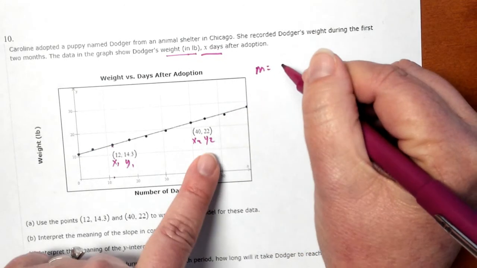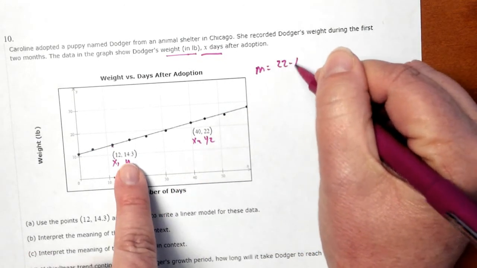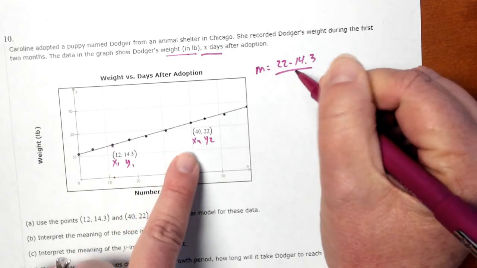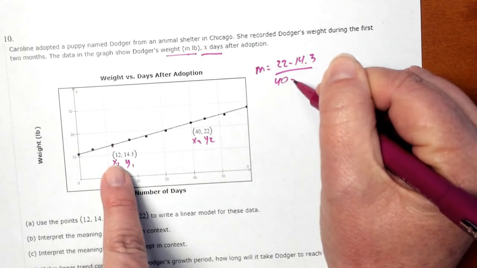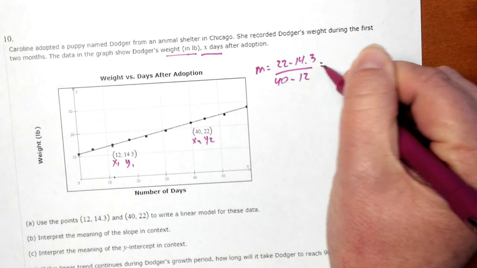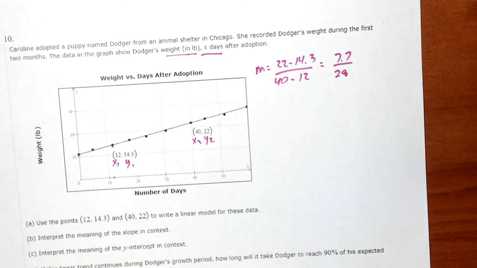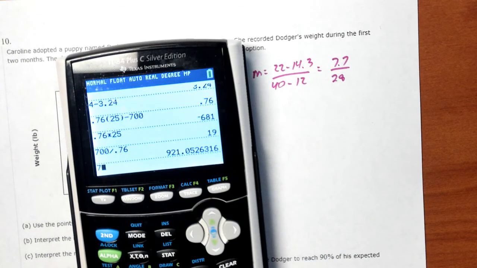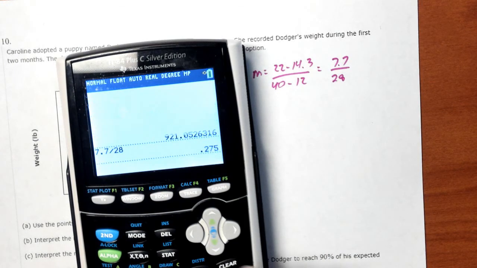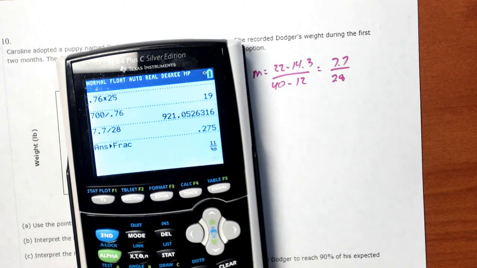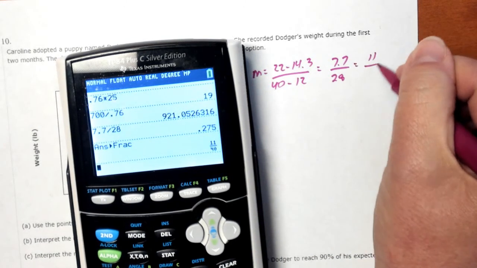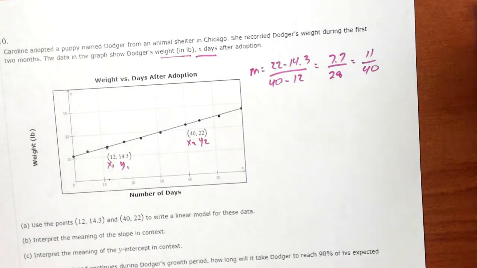So y2 minus y1 divided by x2 minus x1. So let's see, that's 7.7 over 28. And I can't have decimals in my fractions, so if I hit math, enter, enter, it'll reduce it for me to 11 over 40. Okay, so that's our slope.